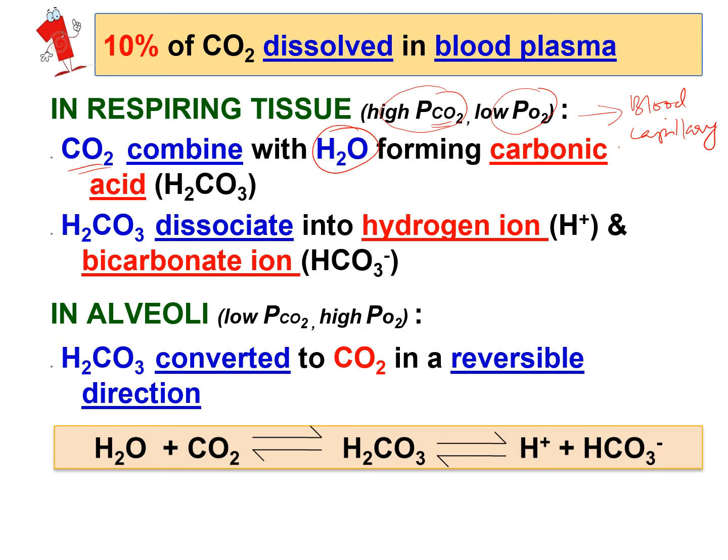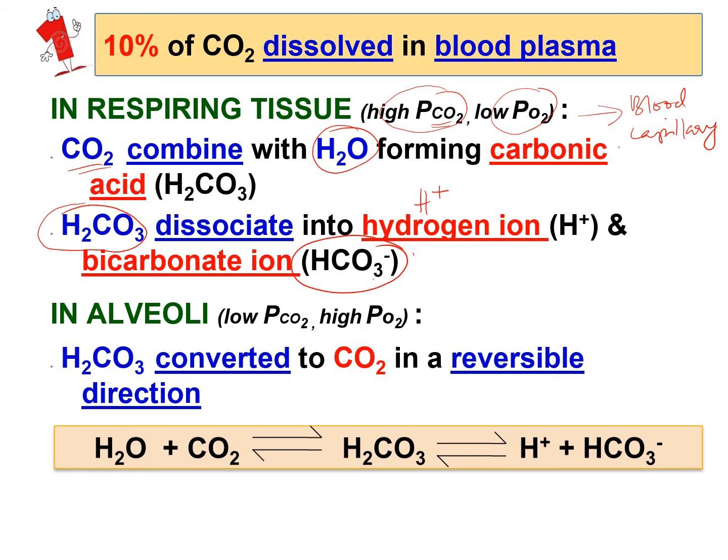The formation of carbonic acid in the blood plasma occurs slowly. Then carbonic acid will dissociate into hydrogen ion and bicarbonate ion. So it will stay in the blood plasma in the form of bicarbonate ion. What happens in the alveoli?